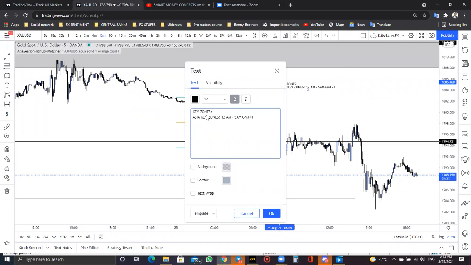Then we have the London key zone, from 7 a.m. GMT to 10 a.m. GMT plus 1. Then we have the New York key zone.